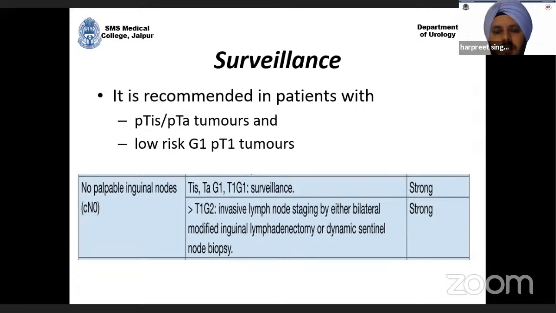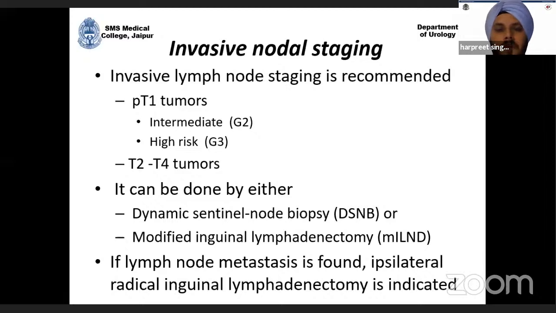Then when the lymph nodes are not palpable and the tumor has intermediate or high risk, none of the investigations can detect the micrometastasis when the lymph nodes are not palpable. So these are not recommended.